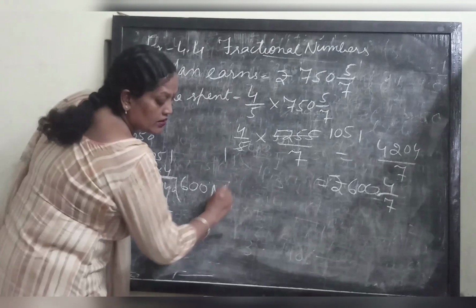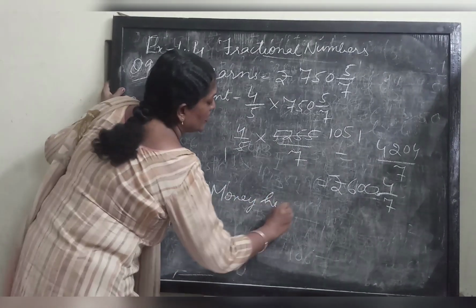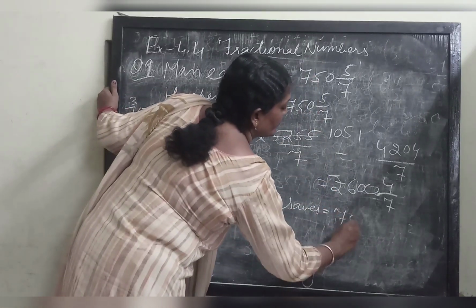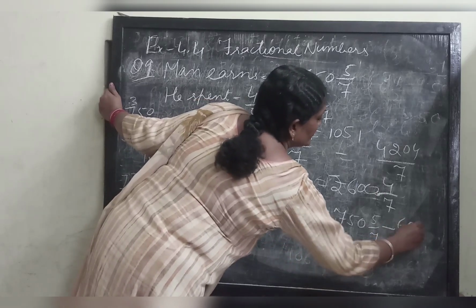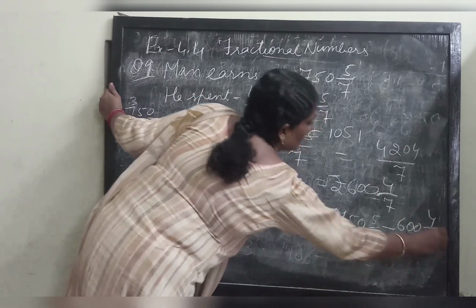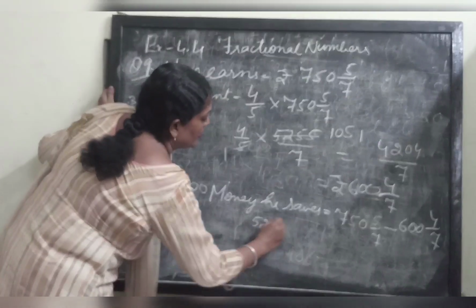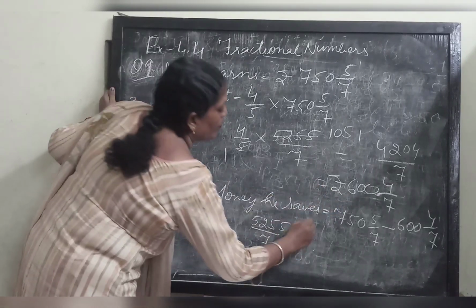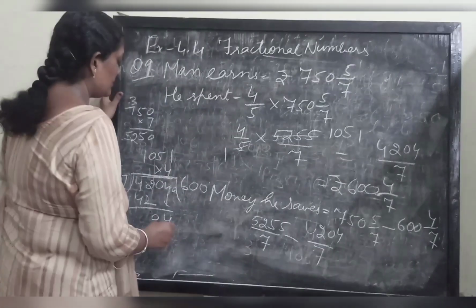Now money, we have to find money he saves. How much money he will save? From total, we have to subtract. Got it? So this will be 5255 over 7 minus 4204 over 7.